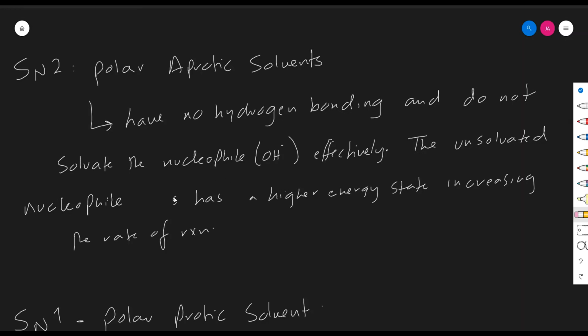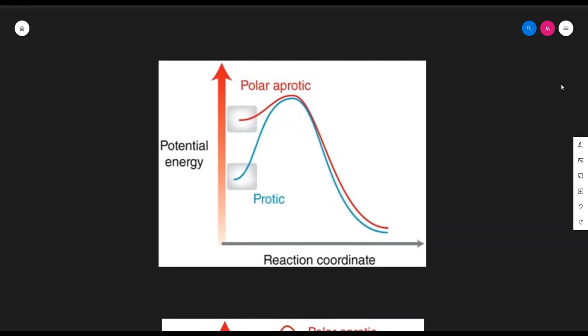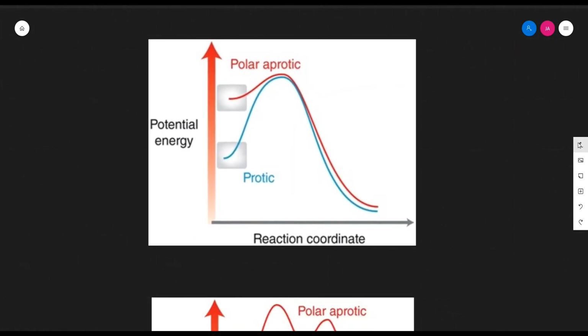The unsolvated nucleophile thus has a higher energy state and thus increases the rate of the reaction. This can be clearly displayed using an energy level diagram for an SN2 mechanism.